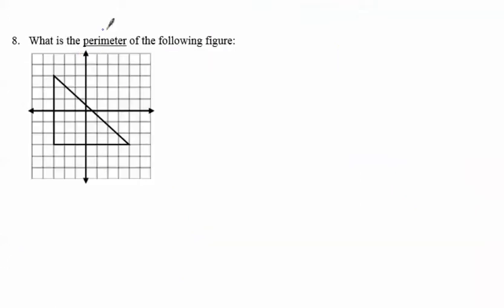In the next problem, they're asking us what is the perimeter of the figure. Again, a math word here, which we should define so that we know exactly what they're asking us to do. Perimeter means you add all the sides. So no matter what procedure we do to figure out these side lengths, we know that at the end we're going to have to add them to find our final answer.